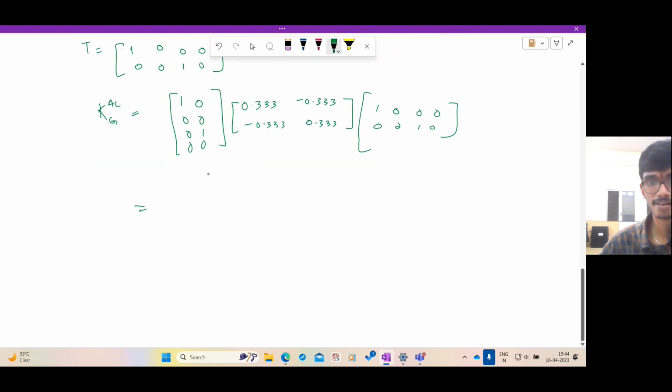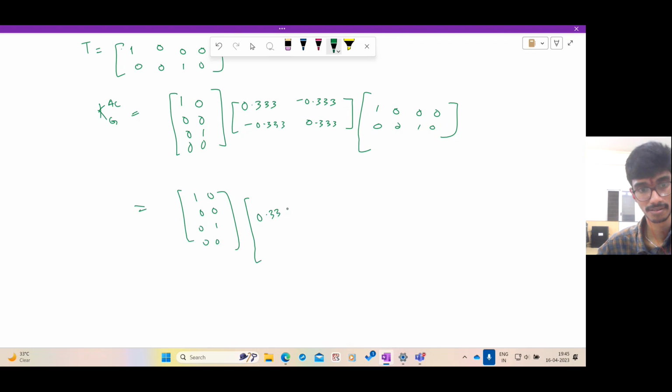It's a row by column multiplication. This picks the first column and adds a 0 column. Then this picks the second column and adds a 0 column. So you'll get 1 0 0 0 0 1 0 0. This one picks the first column, adds a 0 row. This one picks the second column, adds a 0 row.